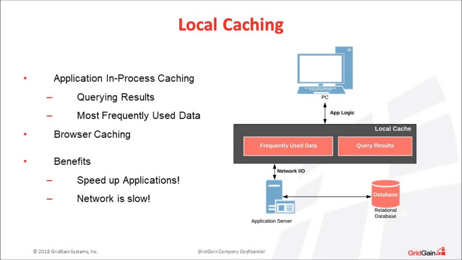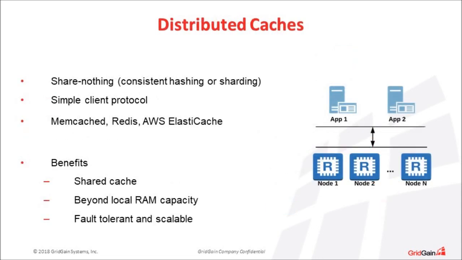The main benefit here is to reduce latencies, to speed up applications. And most of it was done manually, probably with local hash maps or hash tables inside of the code. And the thing that it didn't solve was scalability, of course.